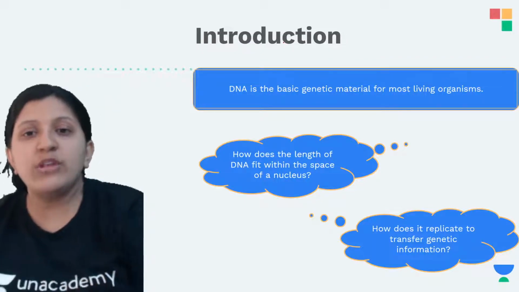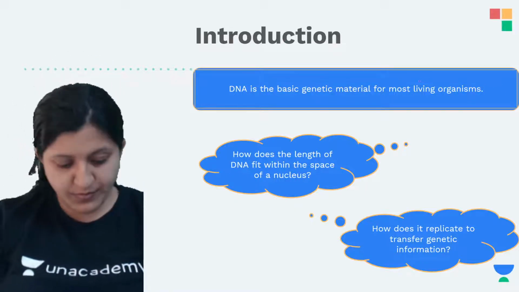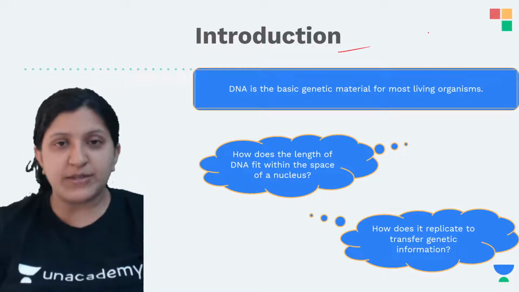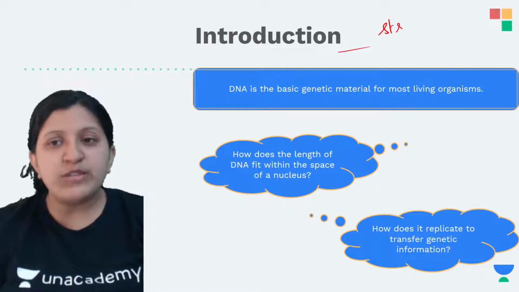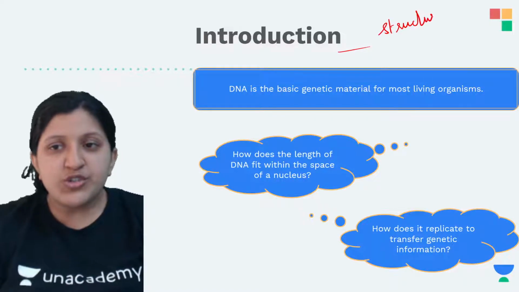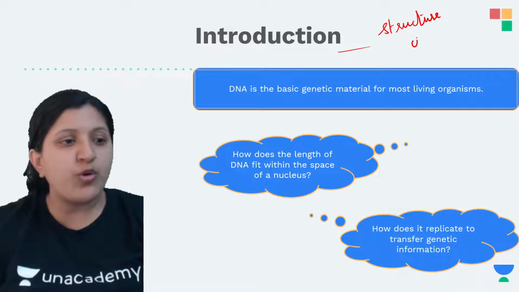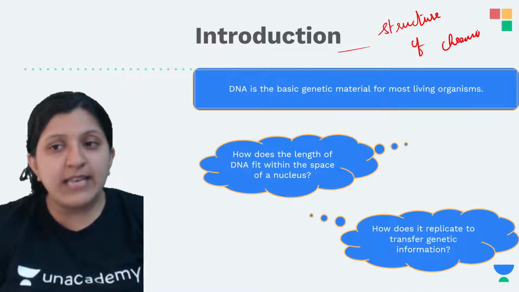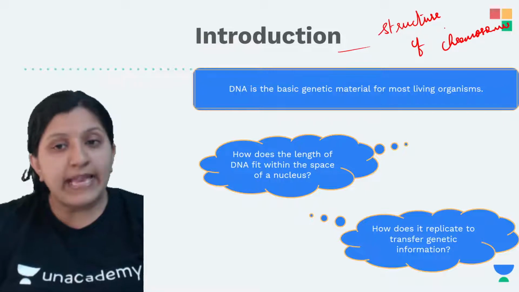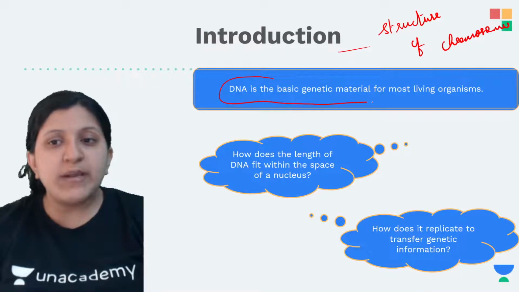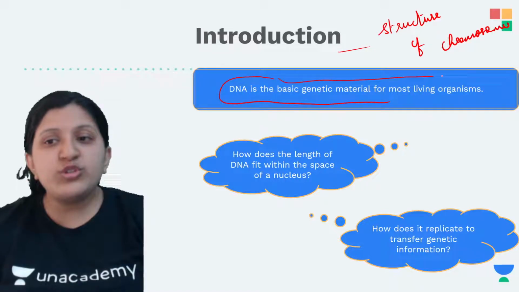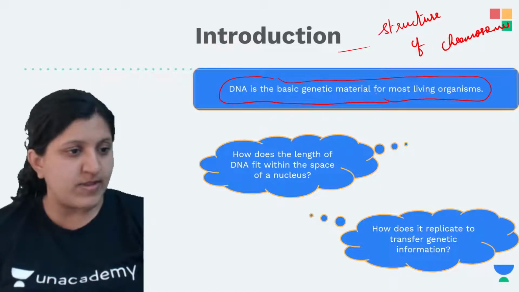Okay, so now moving on to the introduction part. What exactly are we going to study today? It is about the structure of the chromosome, how exactly the DNA is arranged in a cell. Now, DNA is the basic genetic material for most living organisms, isn't it?